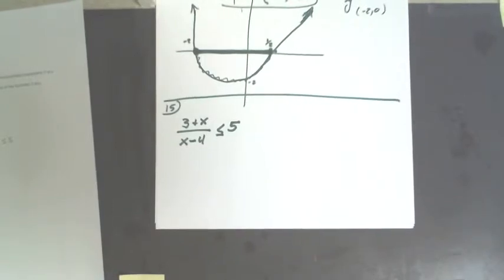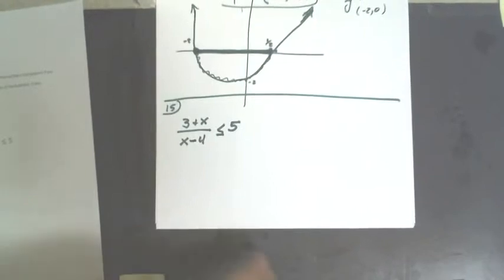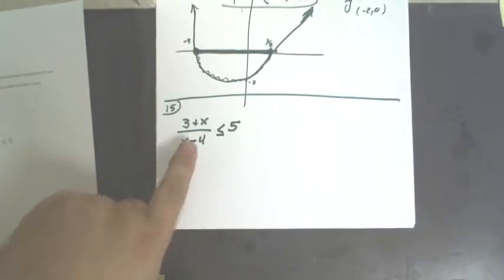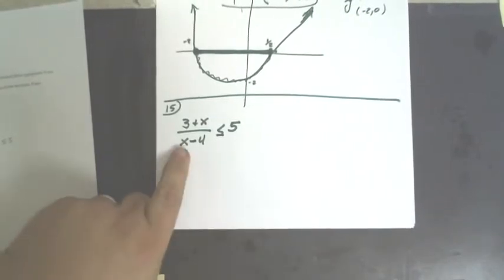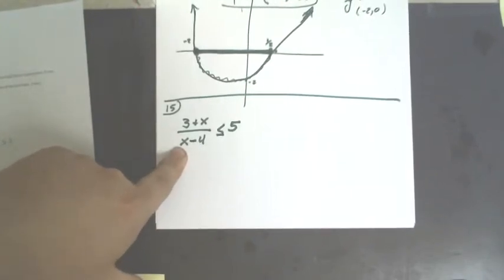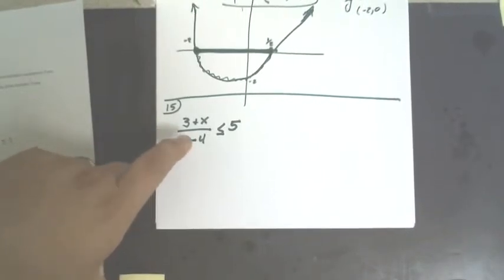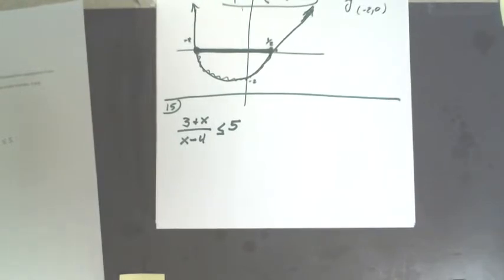So because of all that, never multiply both sides of an inequality by a variable expression that can take on both positive and negative values. Now, if this was x squared plus 1, that's always positive for any real x, so you could multiply by it safely. But this can take on both positive and negative values, so we can't.